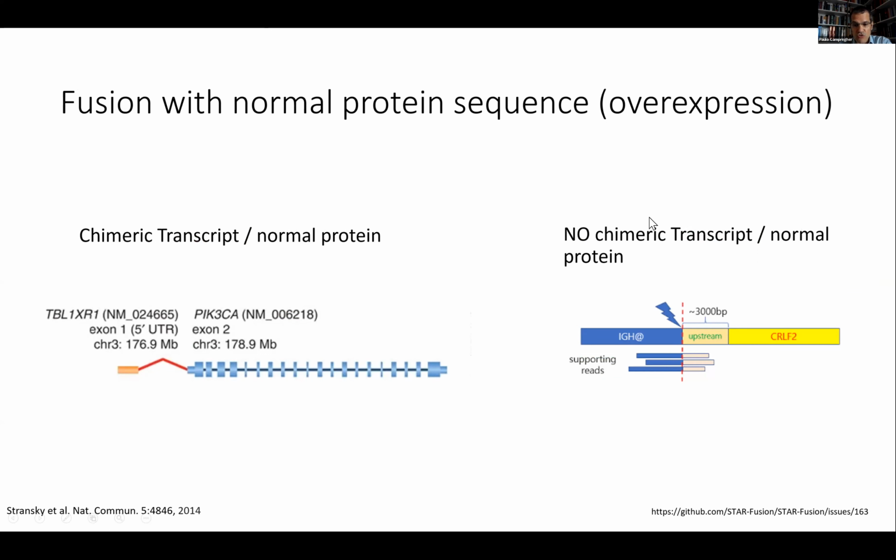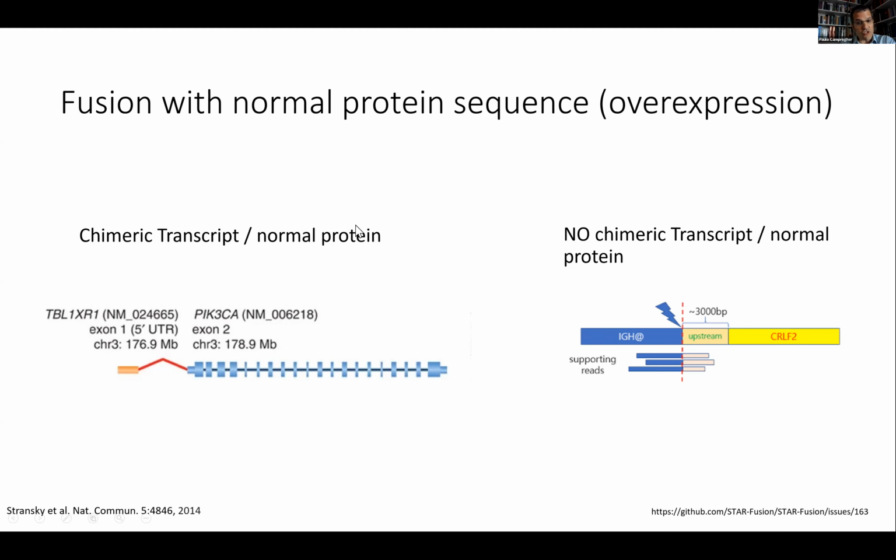In one situation, we have a promoter or an enhancer juxtaposed to another gene, and that will lead to no chimeric transcript. In this case, the transcript we find is just a CRLF2 normal transcript with a very high overexpression because it's under the influence of a very strong promoter or enhancer.